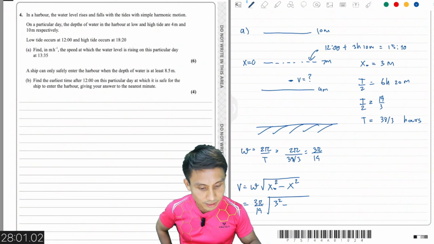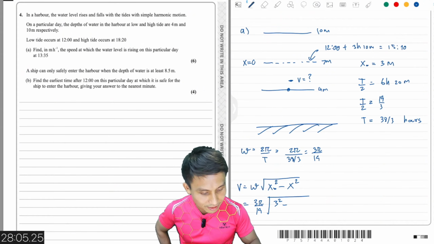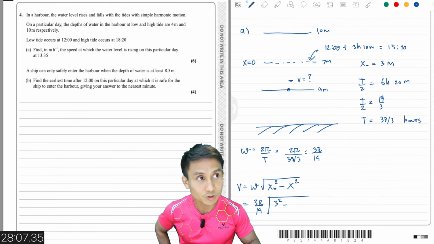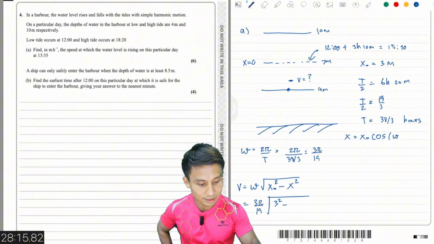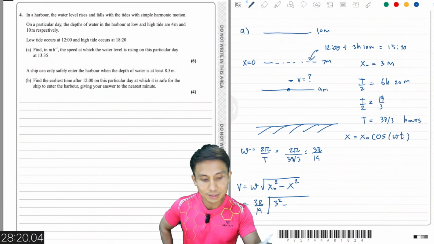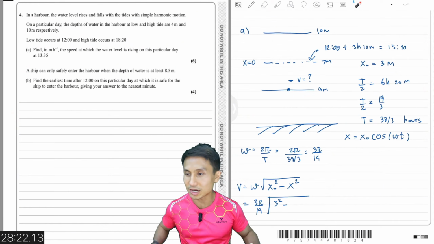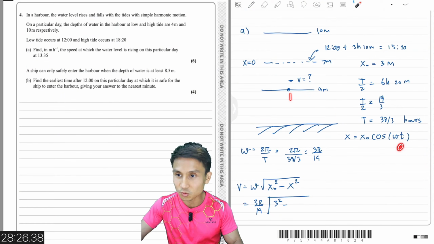Because we start at an extreme here, we should use the cos, right? So x equals x0 cos omega t, where t is in hours, of course. Let's do a sanity check here. When t equals 0, which is at 12 o'clock, that's where we start.